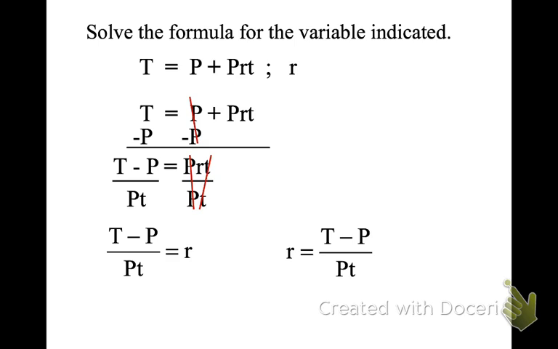But even here, you can't do this. Don't do that, because what this really means is t over pt minus p over pt. So yes, we could, can you guys stop talking? We could by rights cancel here, but you can't really get rid of that whole p because it's part of this denominator.